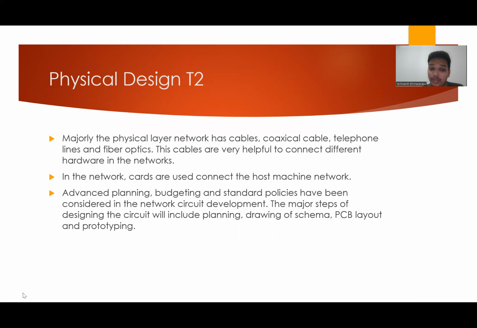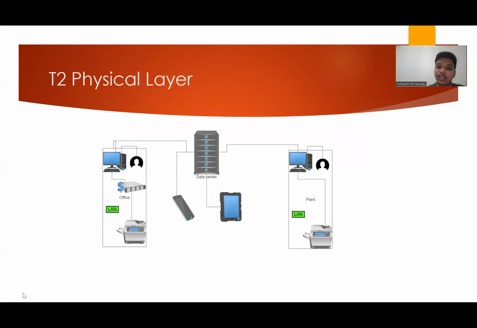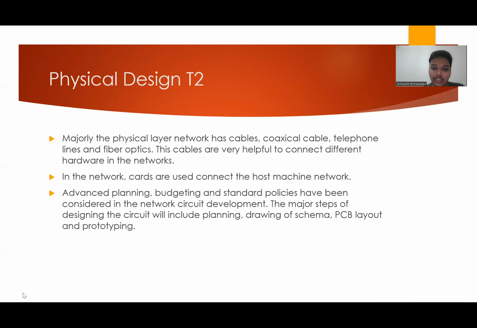The major steps of developing the circuit include planning, drawing the schema, PCB layout and prototyping. As you can see, this is my physical layer, with all the details about what I've used and how I can physically connect the cables and telephone lines, so I can provide a network to the company.